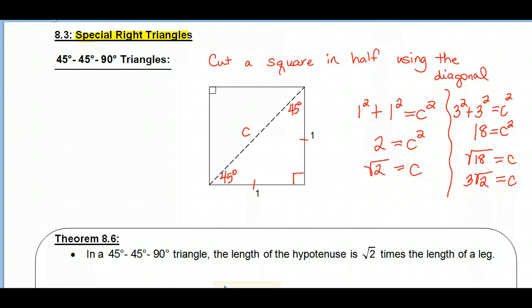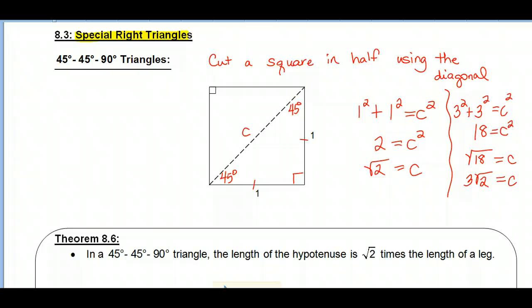So we have 1, 1, square root 2. And if we change those sides to 3, the hypotenuse would be 3 root 2. Any square will have that same relationship. If we have 5, this would be 5 root 2.